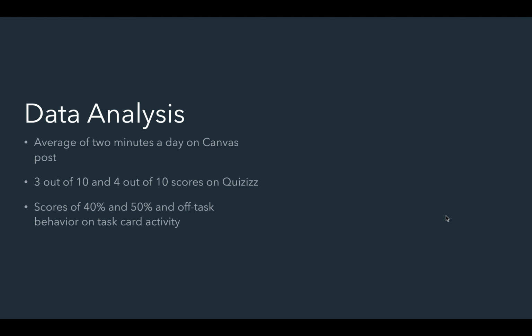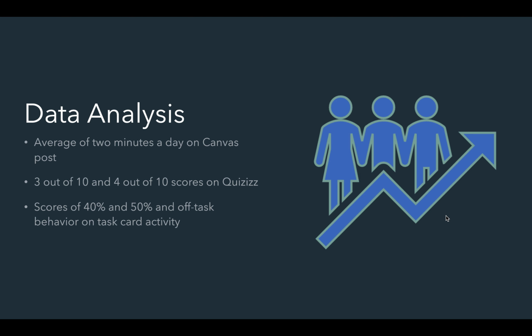For the 2 students identified as struggling, data analysis revealed that both were spending only a couple minutes a day on their Canvas discussion exit slips. This information revealed that neither student was spending the time on Canvas that was necessary to fully answer the questions. On the quizzes game, 1 student answered 4 out of 10 questions correctly, and the other student answered 3 out of 10 questions correctly.